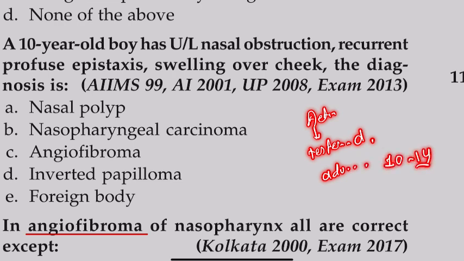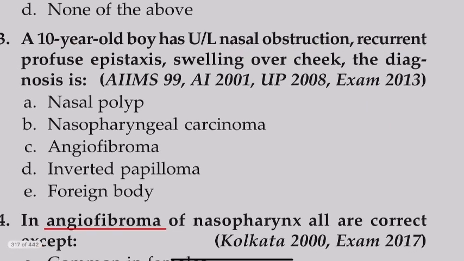Here the child is 10 years old with unilateral nasal obstruction and recurrent profuse epistaxis. Talking about the clinical features, there will be profuse recurrent epistaxis, progressive nasal obstruction, conductive hearing loss, and a mass in the nasopharynx also. So here angiofibroma is the right answer, right?